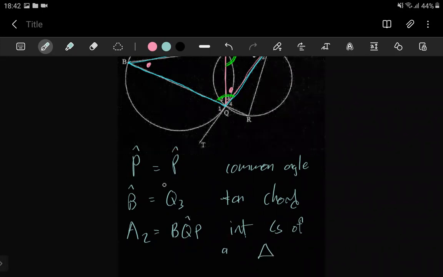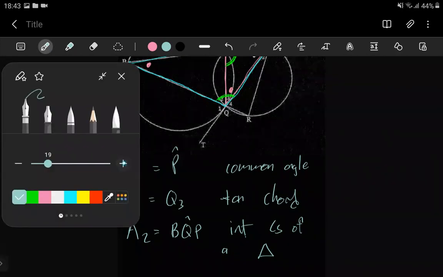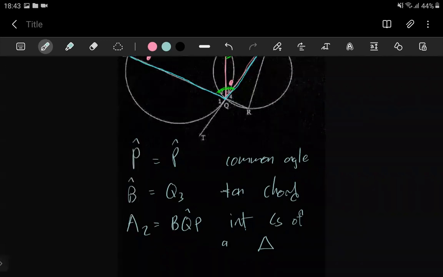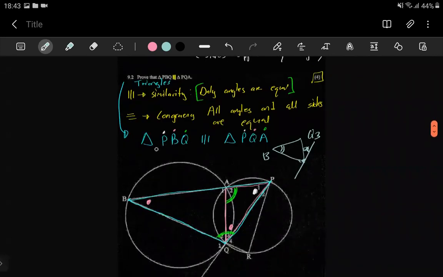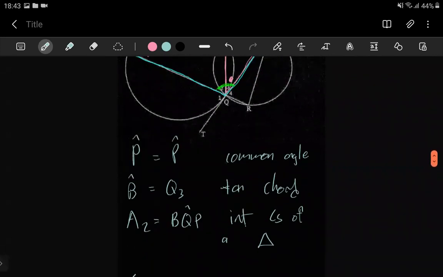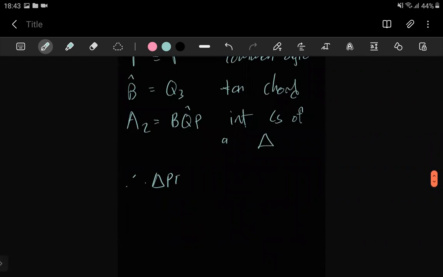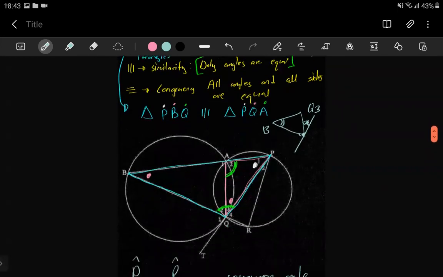So now that you have shown that the three pairs of angles are equal to each other, all you need to do is to say that your two triangles are similar to each other. So let's say that. Therefore, because of these three above reasons, triangle PBQ is similar to triangle PQA.